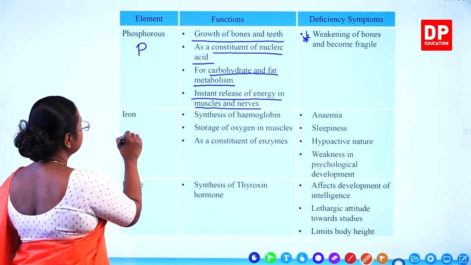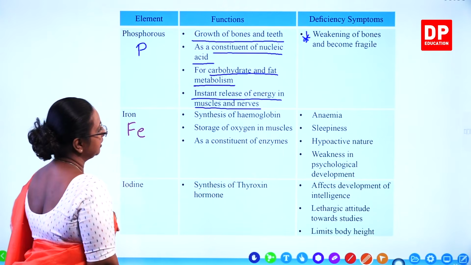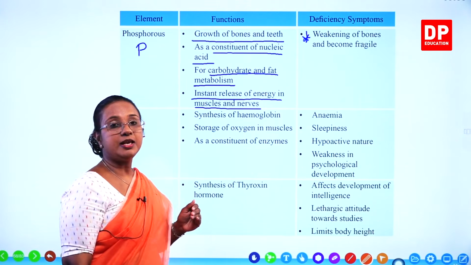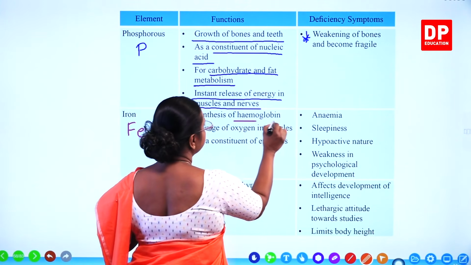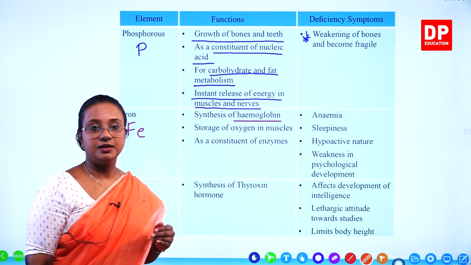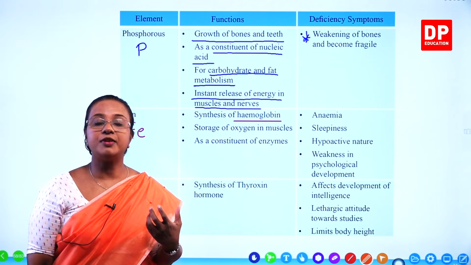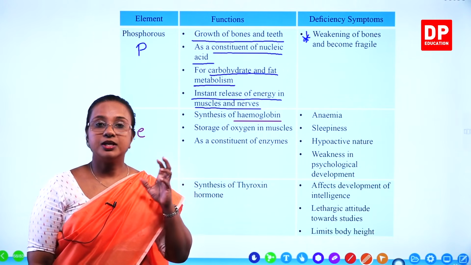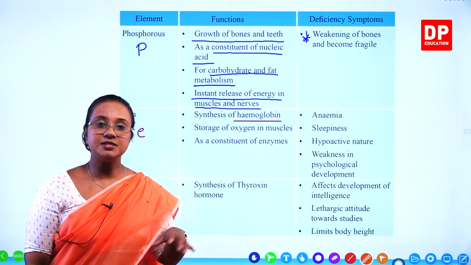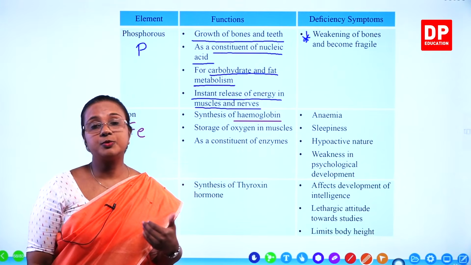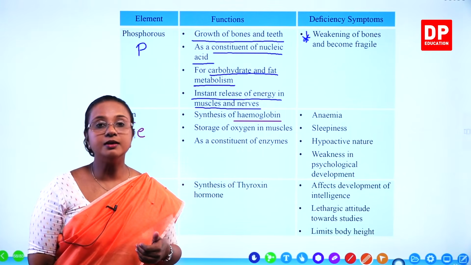Iron, Fe, is another mineral, and it is very, very important for the synthesis of hemoglobin. Hemoglobin, as you know, is the main component of red blood cells. Hemoglobin is the substance that helps to transport oxygen throughout the body.